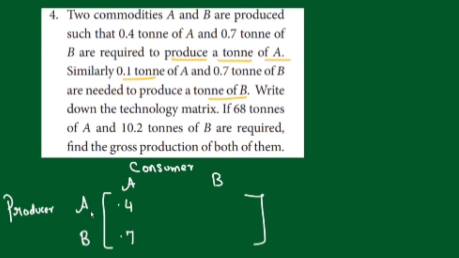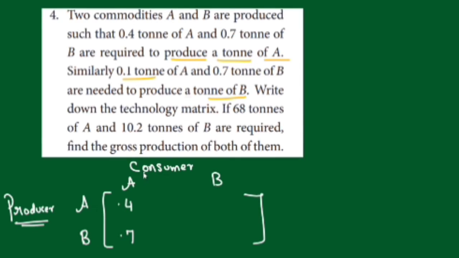A is producing 0.4 ton and B is producing 0.7 ton. Who is using it? A is producing and A is using 0.4 ton. B is producing, and A is using 0.7 ton of it. B, the producer, right here, and consumers right here. So we are writing like this, 0.4 and 0.7.